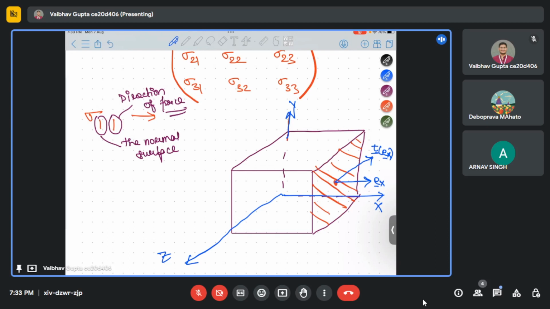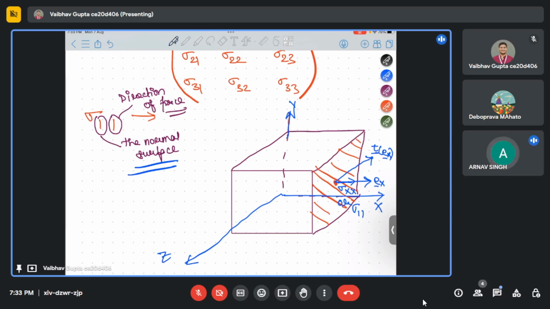So the stress here will be sigma xx or sigma 11. Why? The normal to the surface is x, and the direction of force is also along the x direction. So we write it as sigma xx or sigma 11, whatever you prefer.